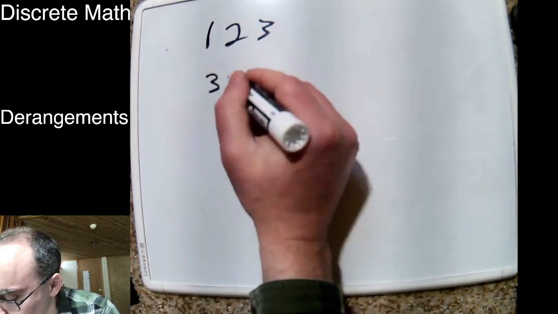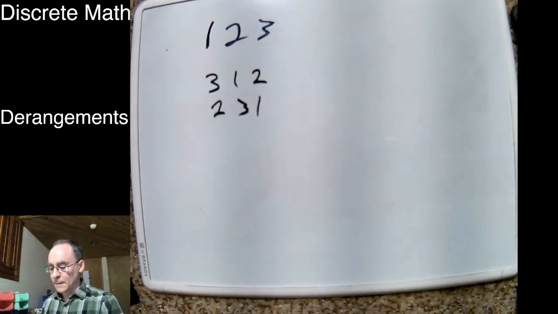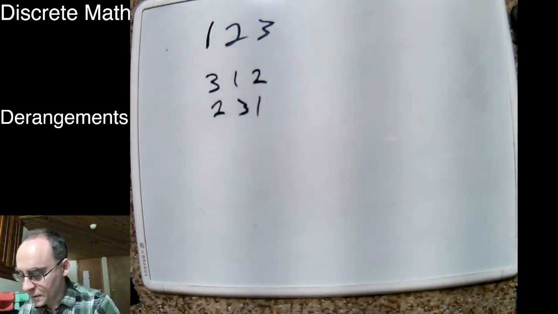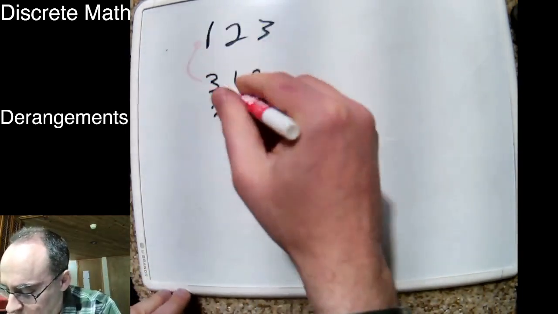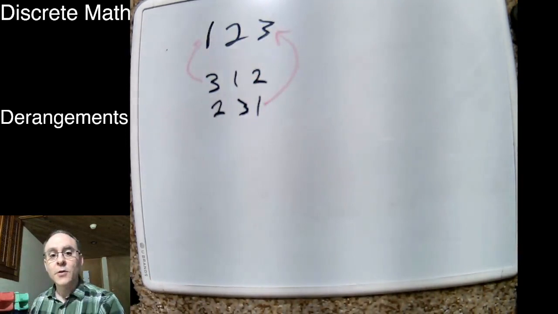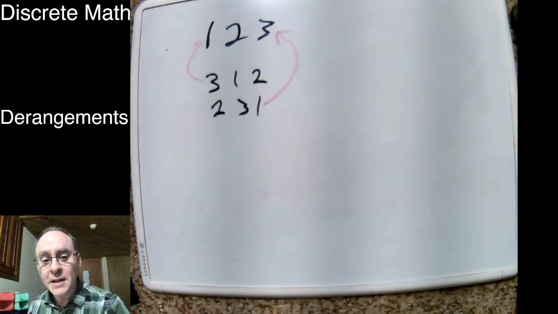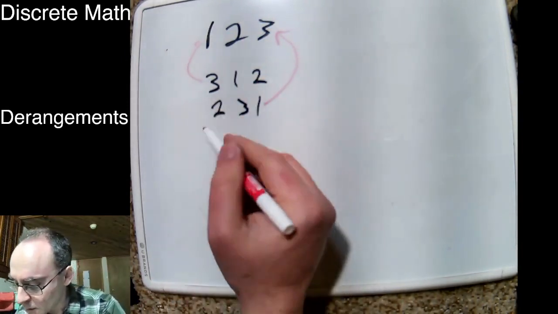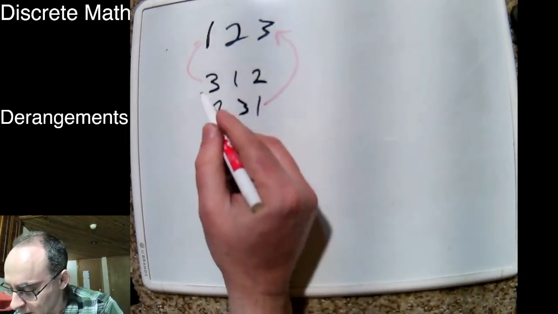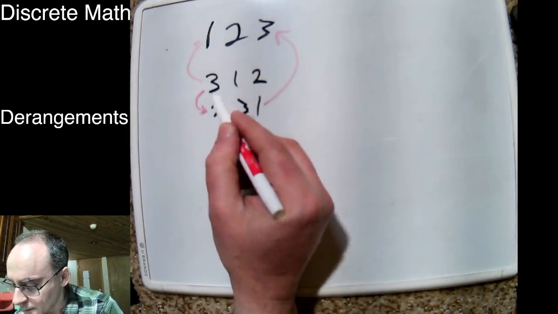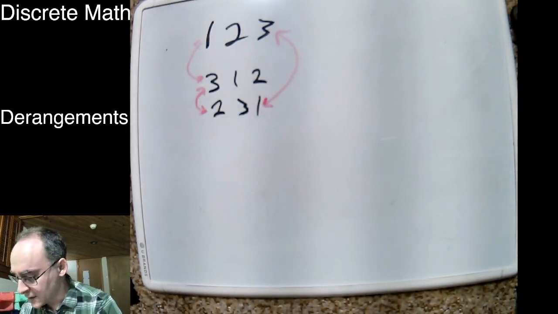My 2 derangements are 3, 1, 2 and 2, 3, 1. You could also ask the question, so each of these is a derangement relative to the original permutation. But another interesting question you might ask is, are they derangements relative to each other? And in fact, you can see here that yes, in this case, these two are also mutually derangements. 312 and 231 have no elements in the same place.